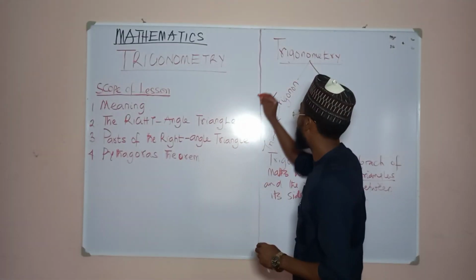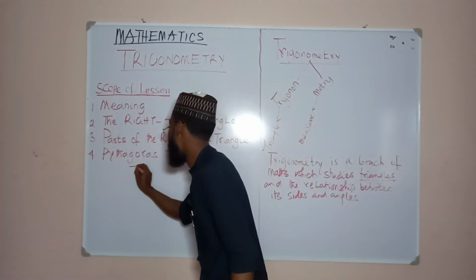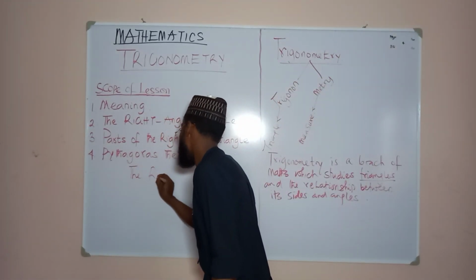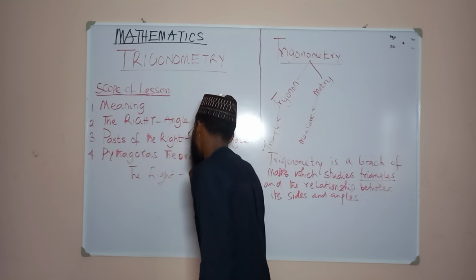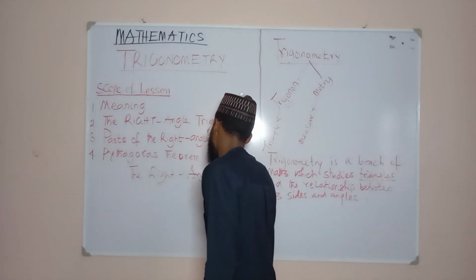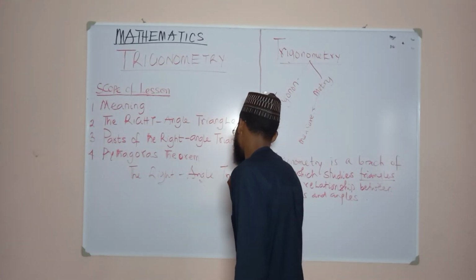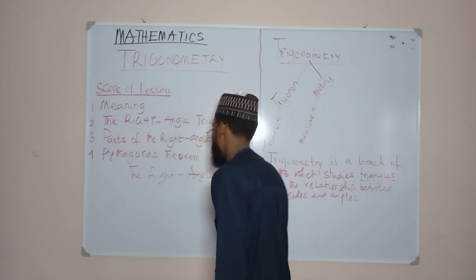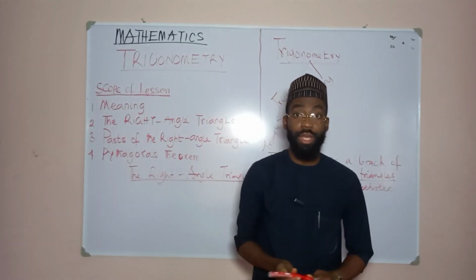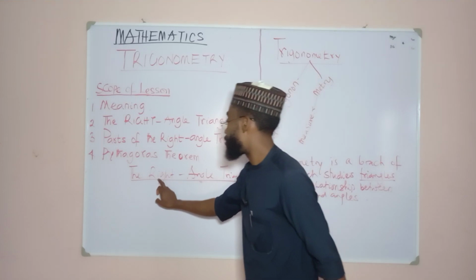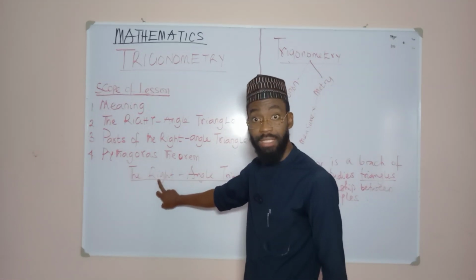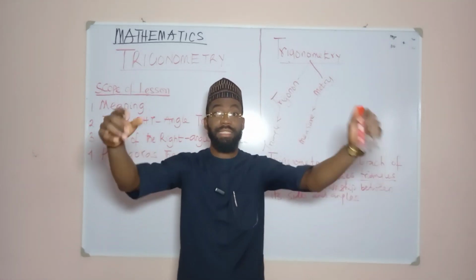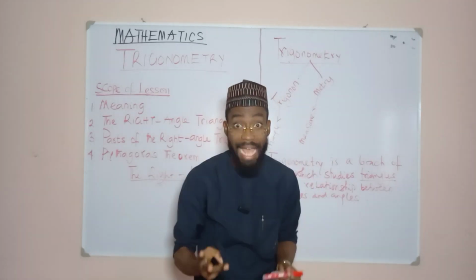The focus for this topic is going to be basically on the right angle triangle. We'll take our time to describe what the right angle triangle is. The word right was coined from the word upright. Remember, a triangle is made up of 3 sides.